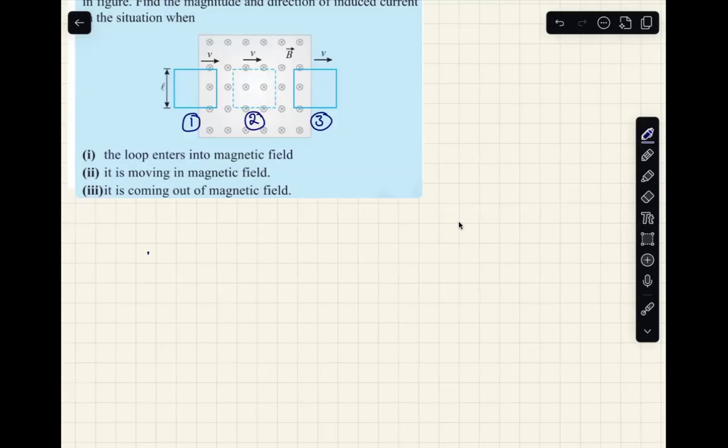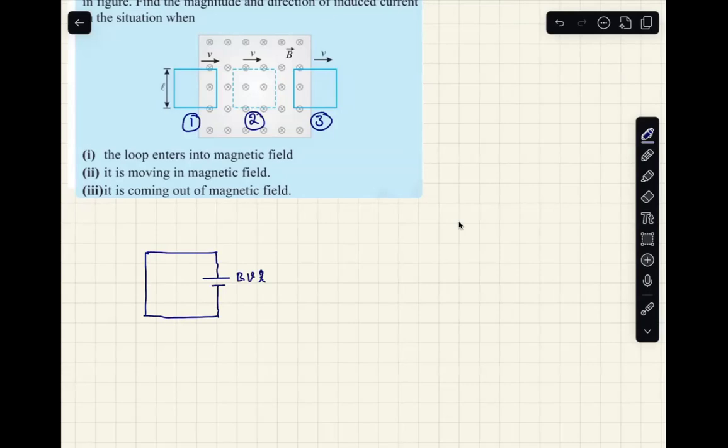So in position 1, this is how you have the arrangement. BVL. Side and the L, right, BVL. Any doubts?